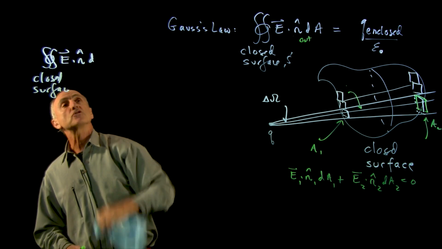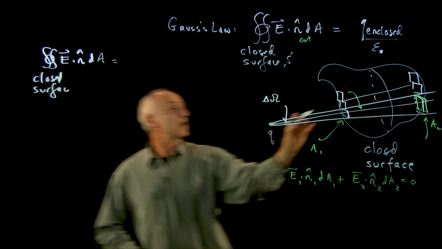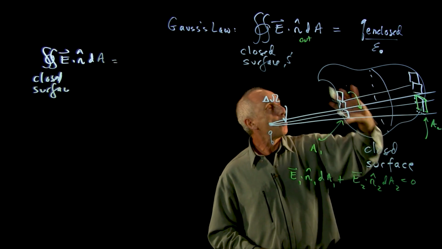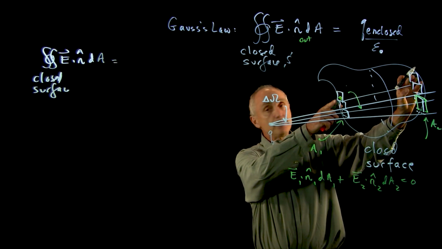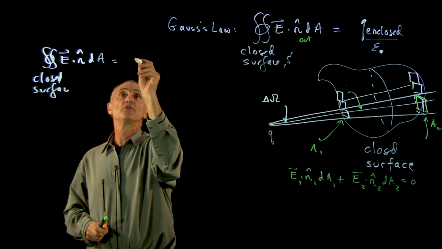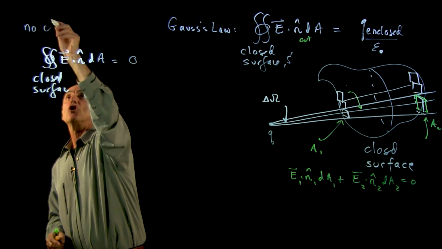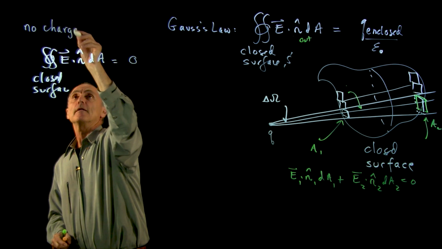That doesn't matter. That's just a letter indicating the small area element. When I sum up all of these over the whole surface, the pieces that are in pairs will cancel, and this is 0. And the reason it's 0 is that there's no charge enclosed.